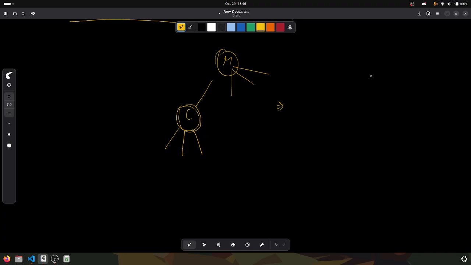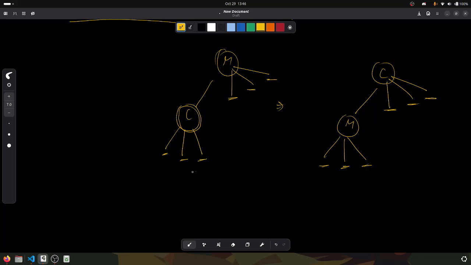It will look like this: child, then root, then the children of root, and these will come here. So all of these remained fixed, all of these subtrees remained the same. The only subtrees that changed were the original root and its child, and now the new root and the last root.